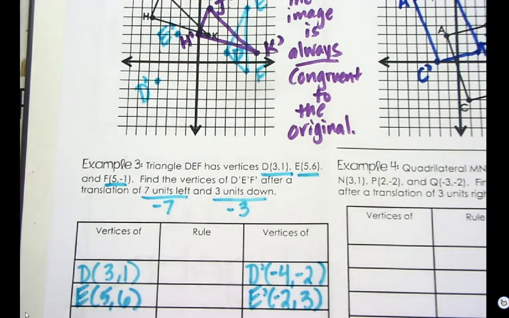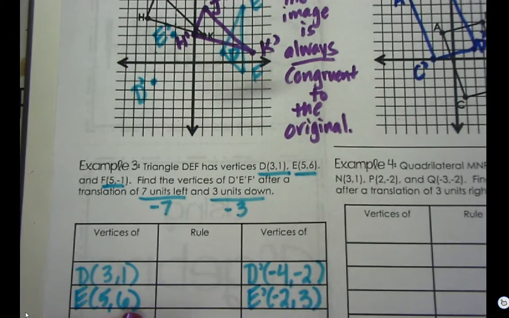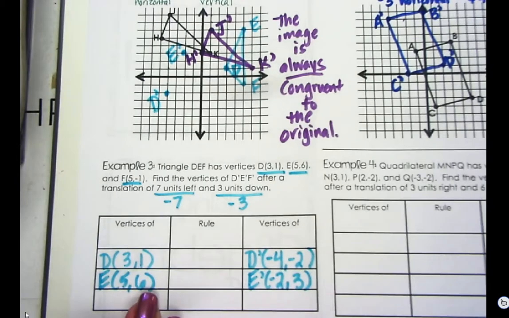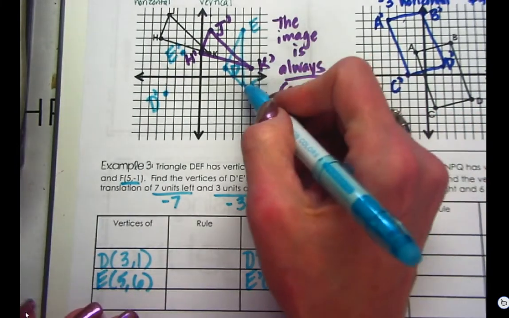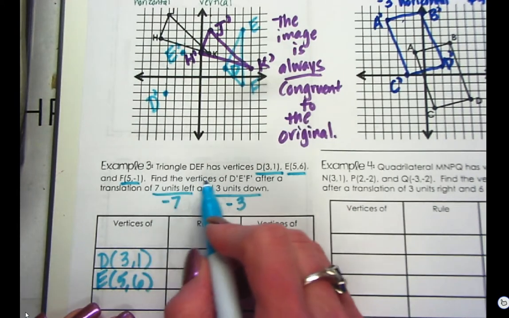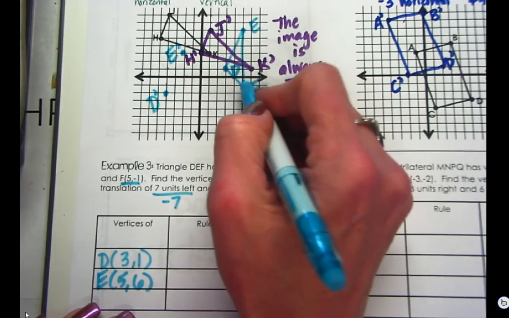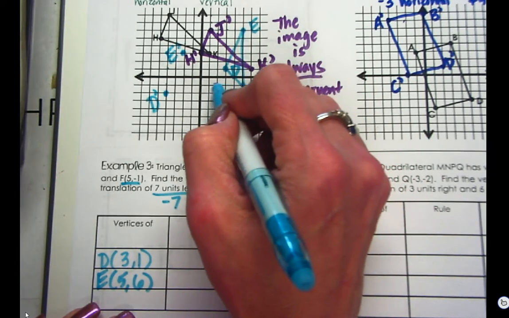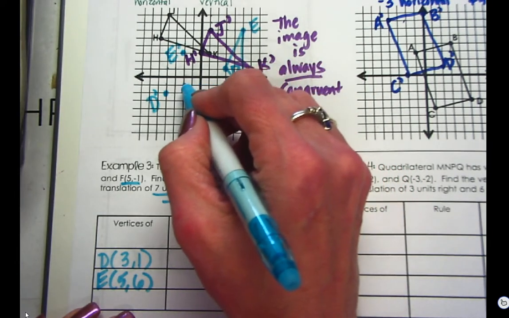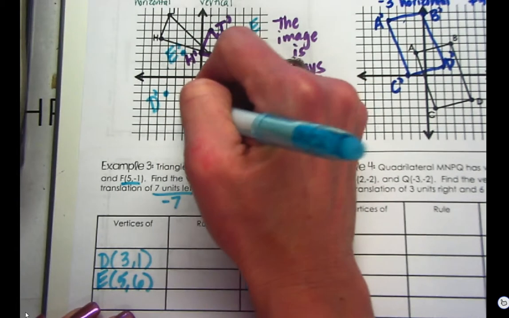All right. Now we're going to go with that third point, which is F. So my original F was 5, -1. And I'm going to translate it 7 to the left: 1, 2, 3, 4, 5, 6, 7, and 3 down: 1, 2, 3.